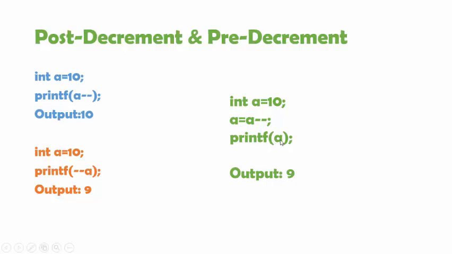So when you print a, the result is 9, because in this position the value of a is 10, and when we use this a again, the previous decrement operation is added to the logic, and the value becomes 9, so the output is 9.